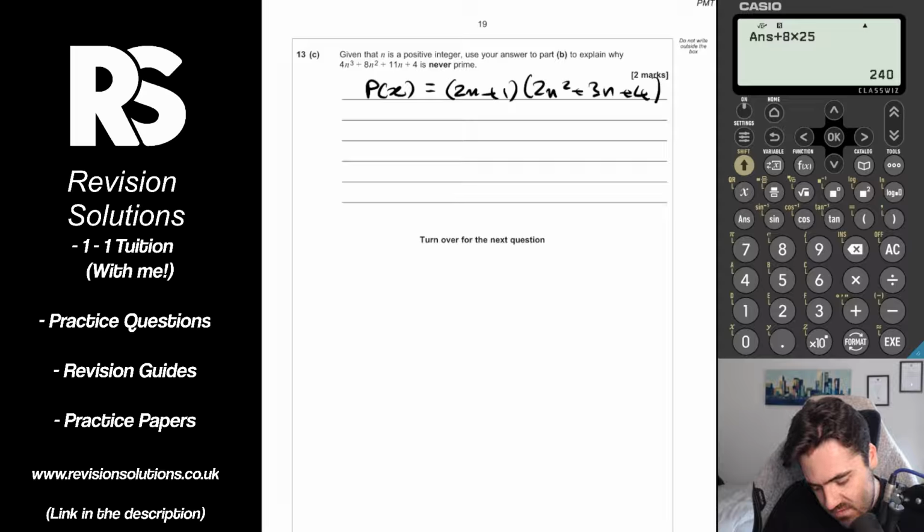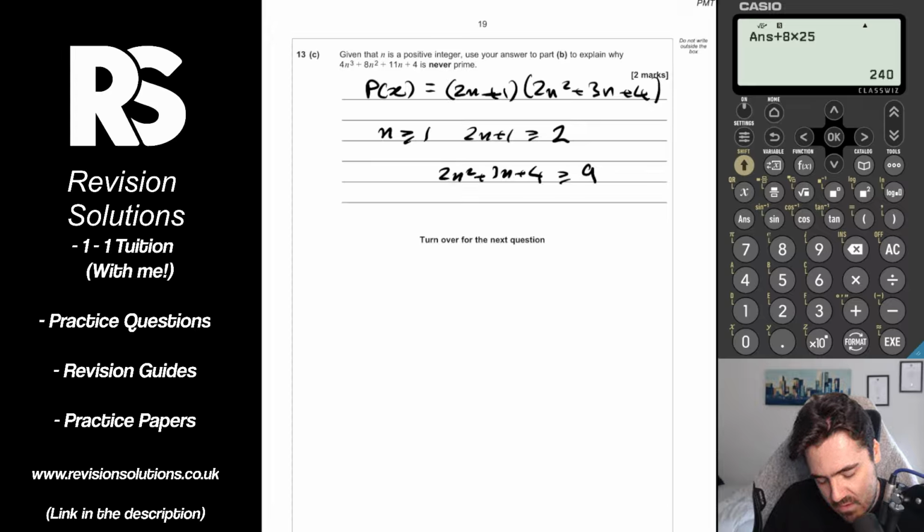So let's think, if n's a positive integer, then it's got to be greater than or equal to 1. So if that's true, then 2n plus 1 must always be greater than or equal to 2. And the quadratic on the end, 2n squared plus 3n plus 4, would always have to be greater than or equal to 2 plus 3 plus 4, that's 9.